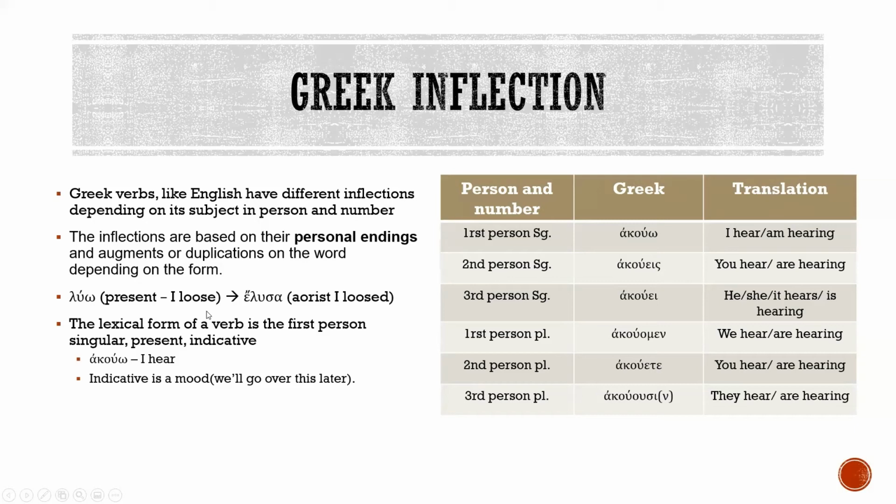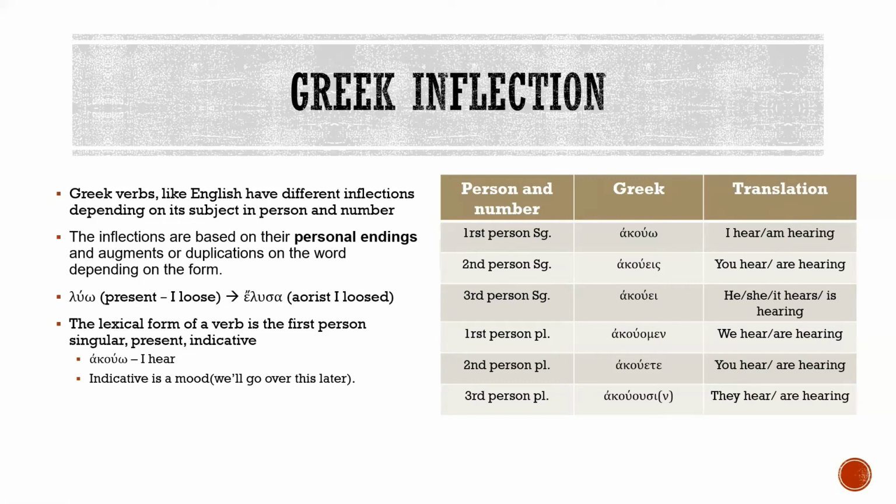Insert a noun like a rope. I'm going to want to change this to an aorist form. I'll add an augment and a sigma right before the ending to get elusa, the aorist of I loose.